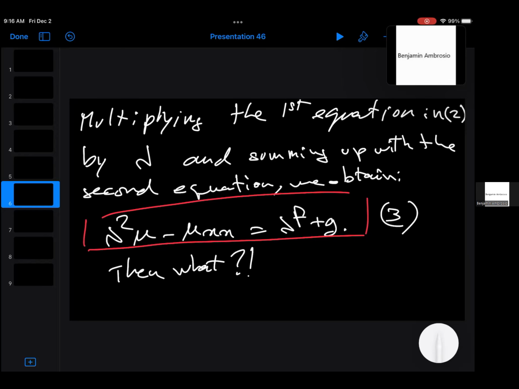That's what we did with the heat equation. And so for that, we have an explicit solution u of x.